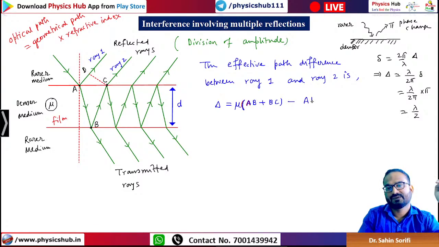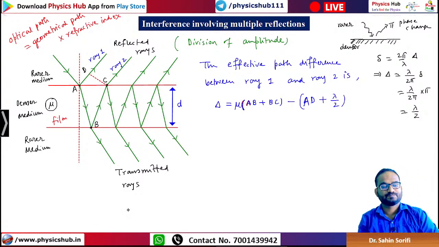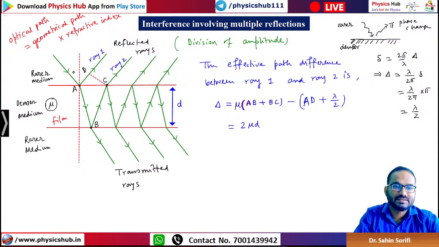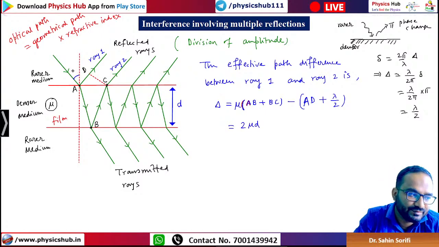So AD. Now a factor of lambda by 2 should be added here, because ray 1 also involves a pi phase change. So plus lambda by 2. And if you calculate mu into AB plus BC minus AD, this value will come out to be twice mu D. Let's call the incident angle phi, and the angle of refraction phi prime.